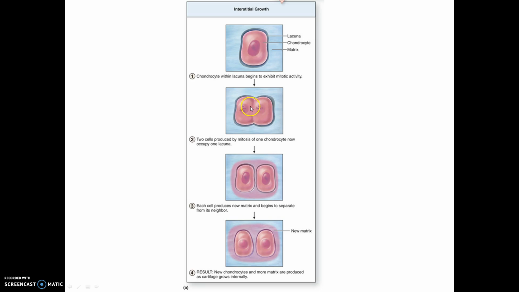It produces another cell here, another chondrocyte, and as they begin to separate, it is a result of producing extracellular matrix individually. So each chondrocyte starts to produce extracellular matrix, which is going to drive a wedge between those cells and separate them, and then they'll just continue to produce more and more extracellular matrix. So this results in growth from within the cartilage itself, or interstitial growth.